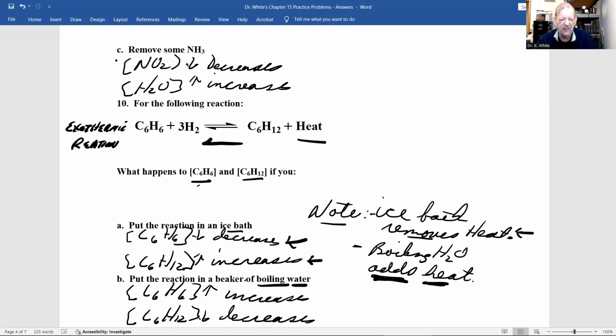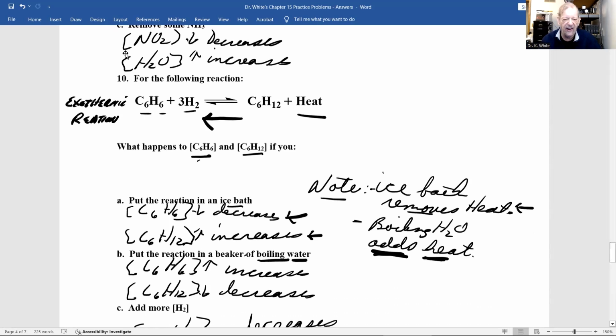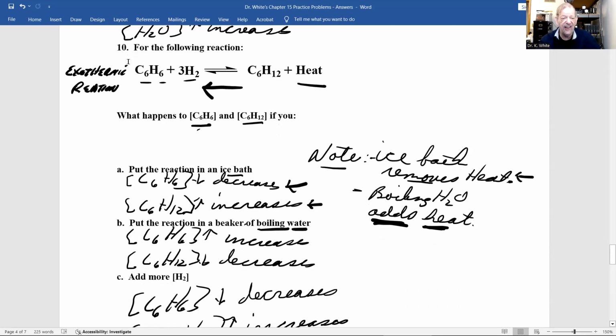The equilibrium shifts that way. The heat reacts with C6H12 to make more C6H6 and hydrogen. This way it's being consumed, there's less. So if you're going to make more C6H6, it increases. You got more, the amount increases. The C6H12, you've consumed some, like the cookies, so you have less, and the concentration decreases.